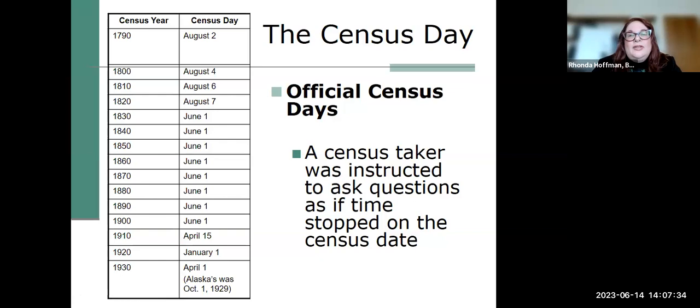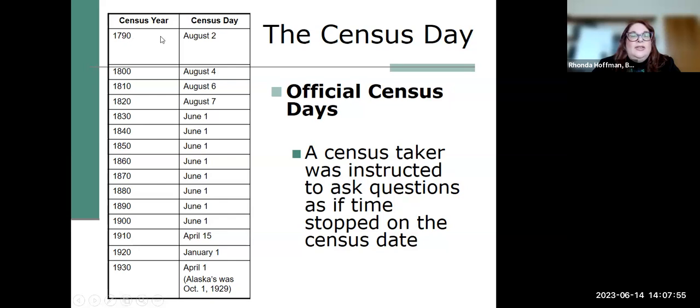There's something known as the official census day. When a census taker would visit, they were instructed to ask questions as if time stopped on the census date. So here's a chart of the different census dates through 1930.